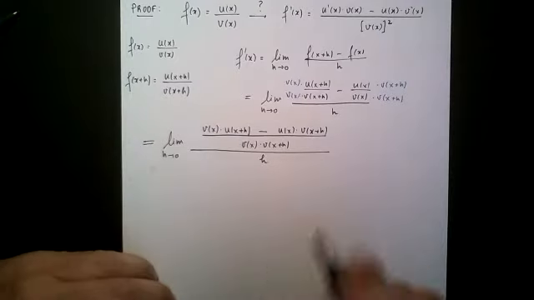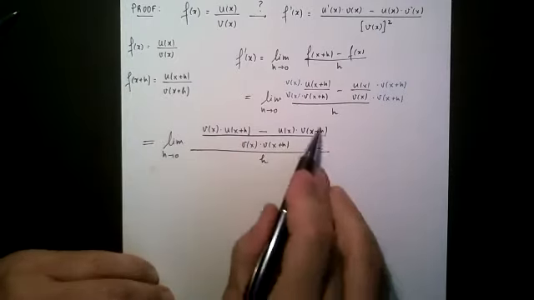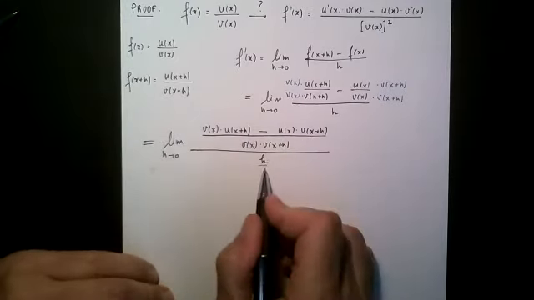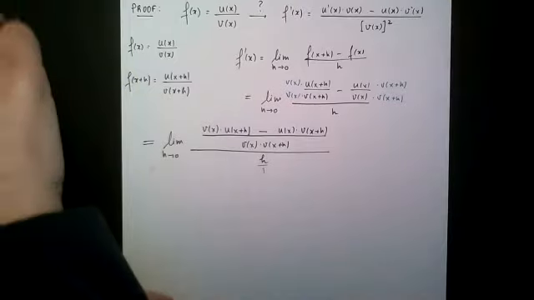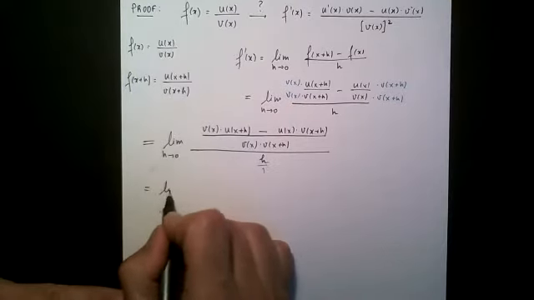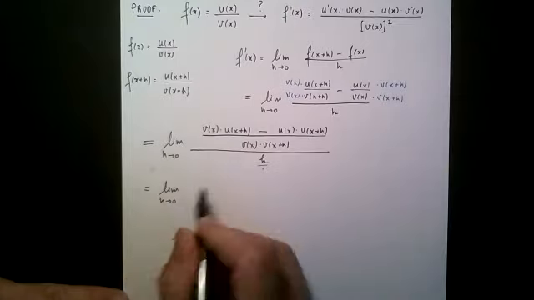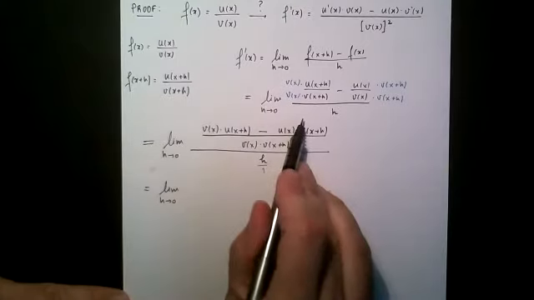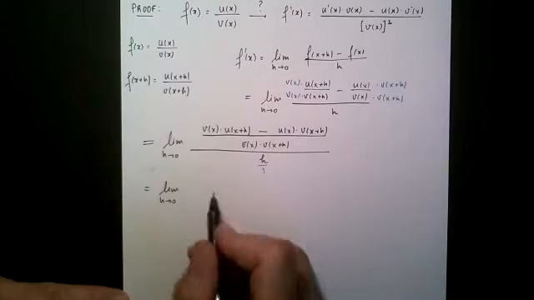Here I have a fraction on top over a fraction on the bottom. So what we do is multiply the top fraction by the reciprocal of the bottom fraction.